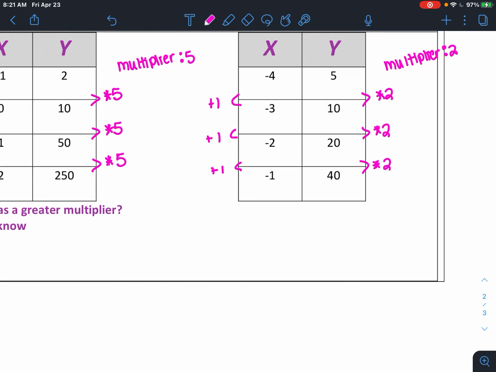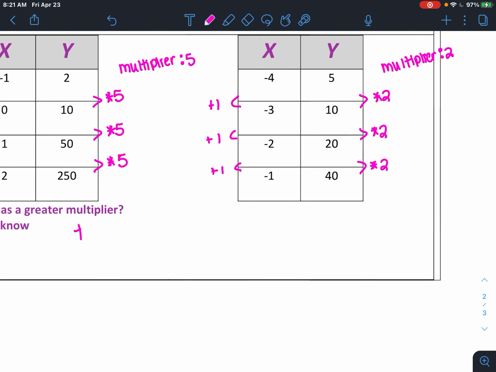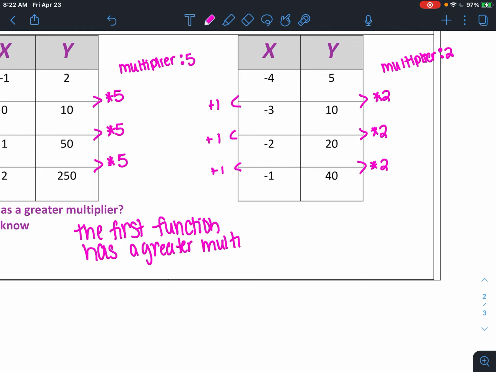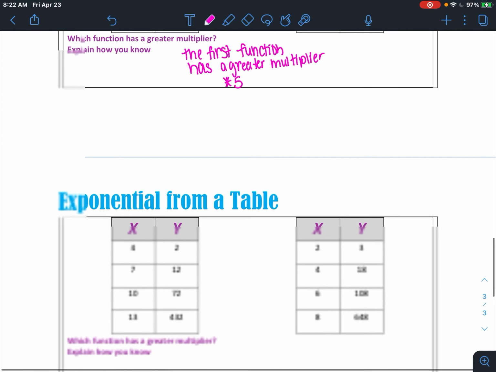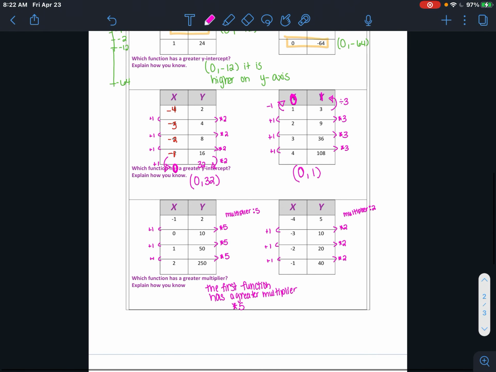Well, the first function is greater because you're multiplying by a bigger number. Because you're multiplying by 5. Okay, there's one more to do down at the bottom, and then you are done. Let me know if you've got any questions.